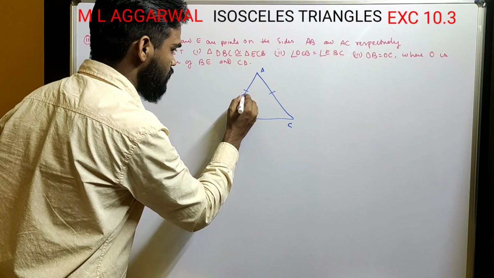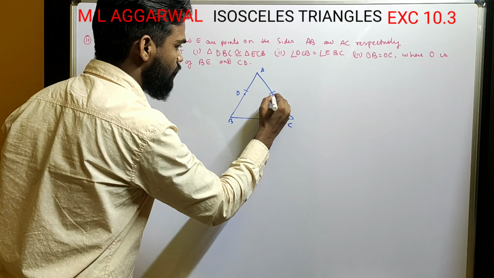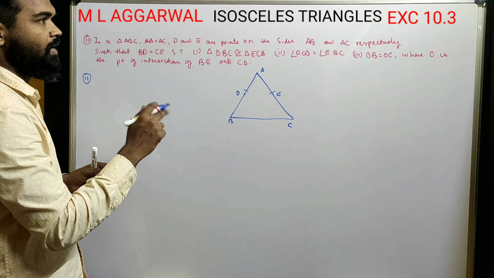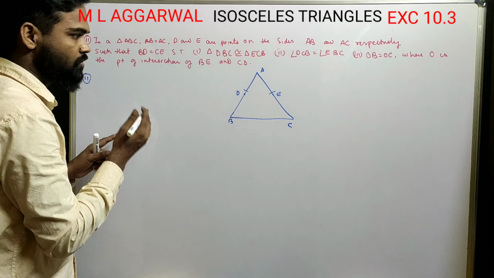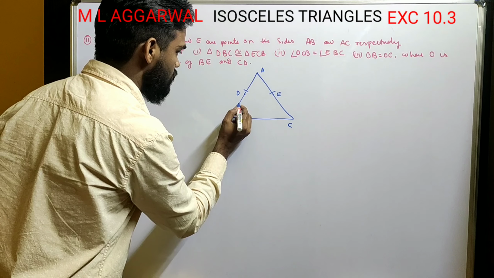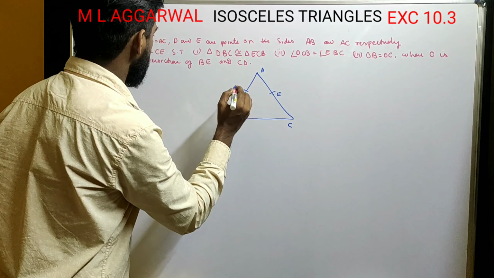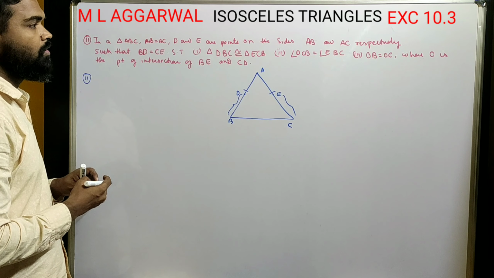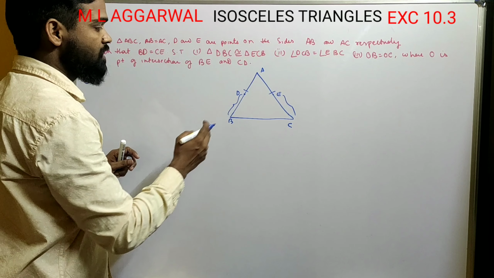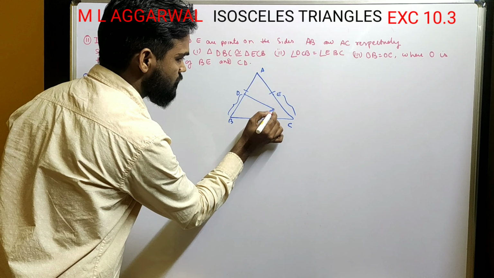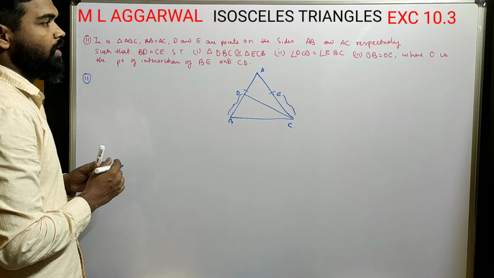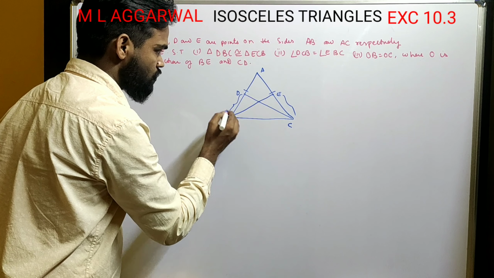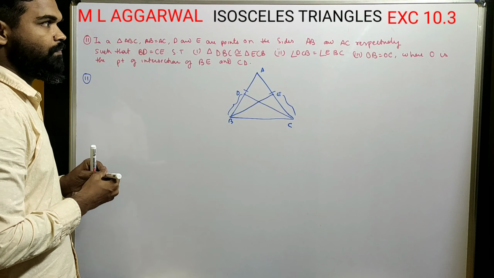Suppose we take over here as D, over here as E, such that BD equals CE. Show that triangle DBC, which means this triangle, and triangle ECB, which means this triangle, are congruent.